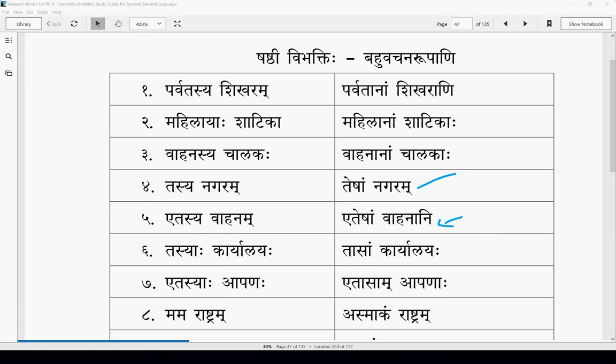Like tasya nagaram, his city, and if there are a lot of people in that city, we generally say their city. It doesn't matter. Right now our focus is here. So you can put nagaram here, nagarani here, or here it is vahanam. If the vehicle belongs to one family, I can say etesham vahanam. So it is a single vehicle of all the people belonging to one family.